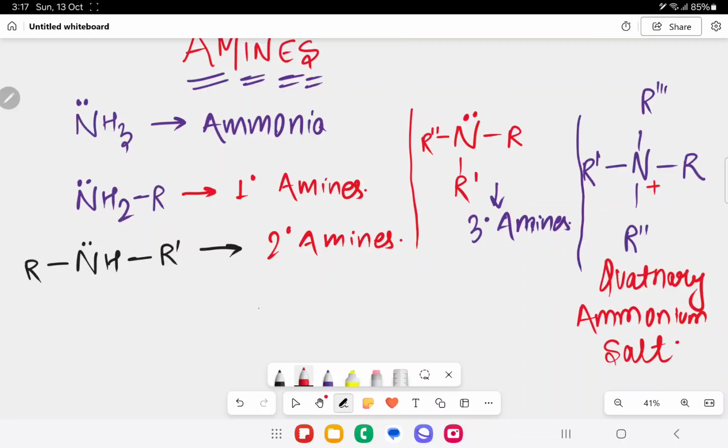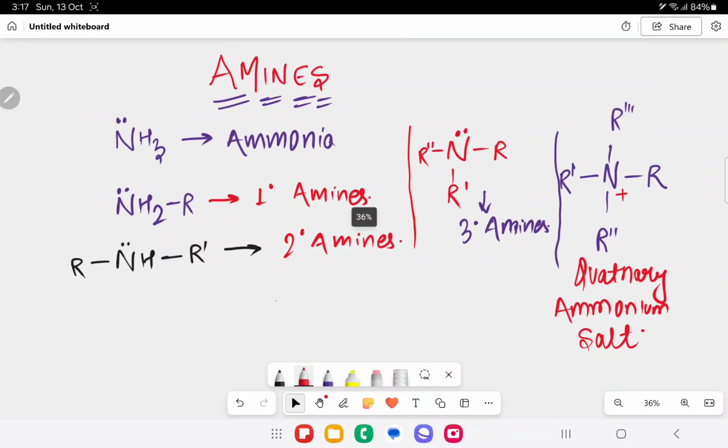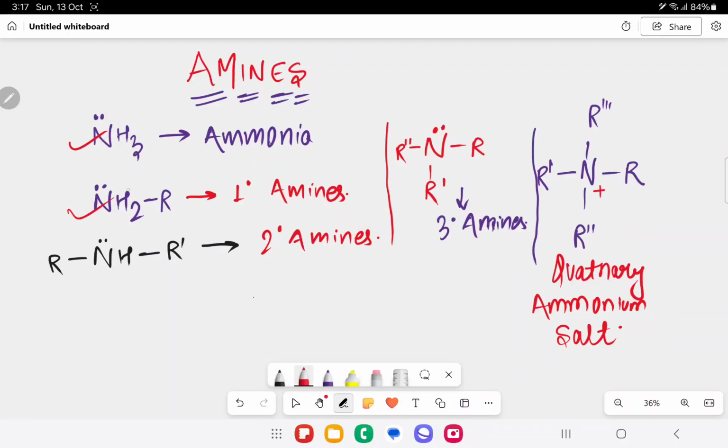So this is the introduction of this chapter: this is ammonia, this is 1 degree amine, 2 degree amine, 3 degree amine, and this is a quaternary ammonium salt. Now in this class we will try to complete the methods of preparation of amines.